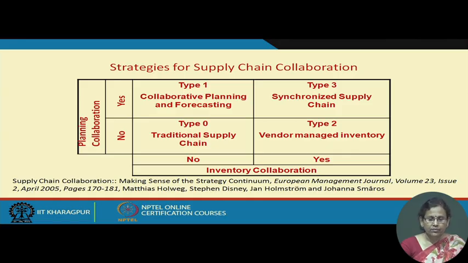If planning level collaboration is there and inventory collaboration is not, then it is called collaborative planning and forecasting. If only inventory collaboration is there, it is called a vendor managed inventory system. And if both the collaborations are there, then it is called a synchronized supply chain.